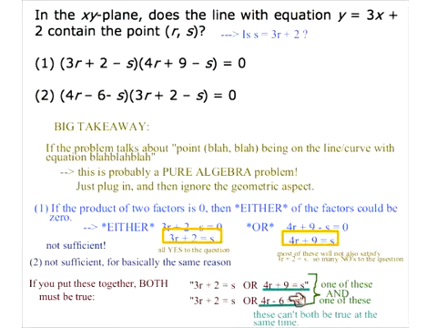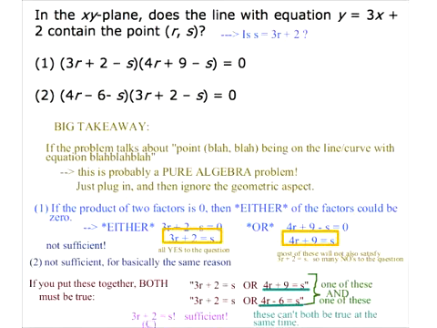So at least one of these has to be true. And so we know that 3r plus 2 has to be s. All right, that's sufficient. So the answer to this is C.